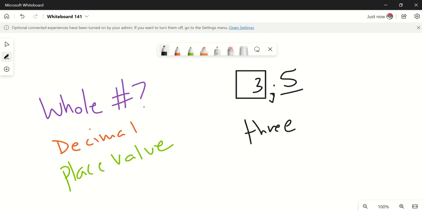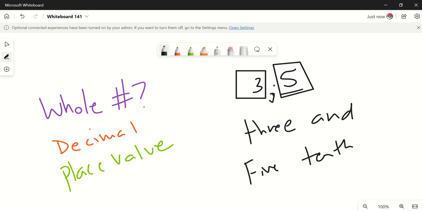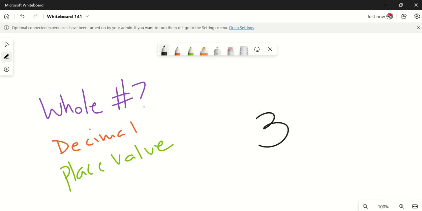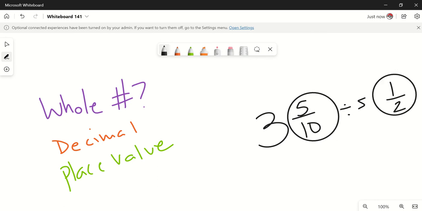The decimal is our, and then I read just the decimal as itself, which is 5, and then the place value, tenths. 3 and 5/10. And this would also be 3 as a fraction or a mixed number, because remember we have a whole number 3 and 5 over 10. And then you could simplify the 5 over 10 later.